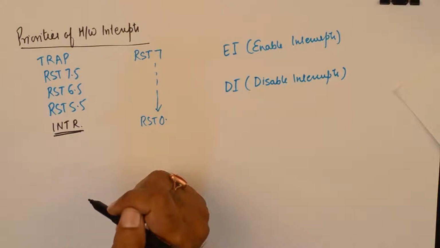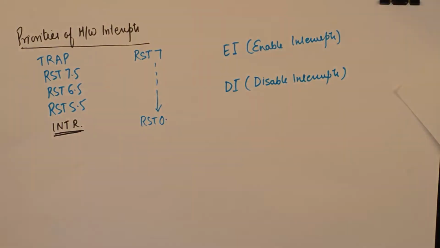INTR requires the peripheral device to provide the vector address to where microprocessor will be branched. So INTR is absolutely the lowest priority interrupt, non-vectored interrupt. Very important point to remember for MCQs and from the interview point of view.